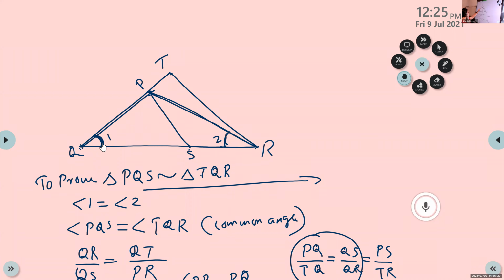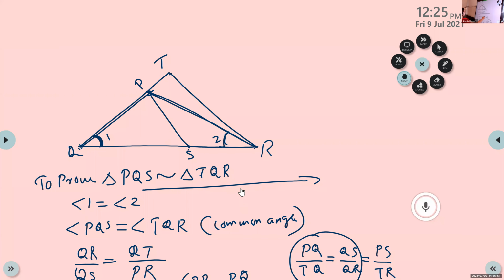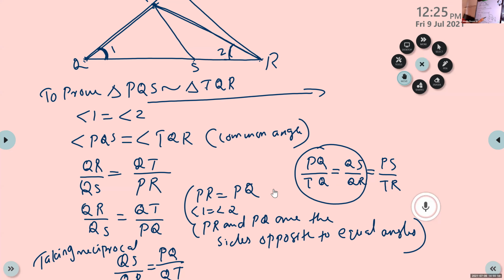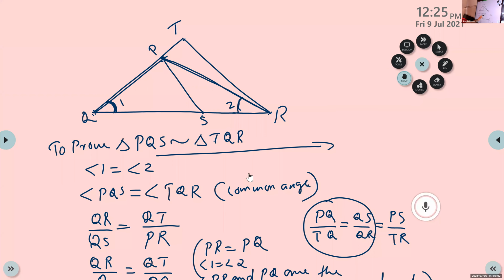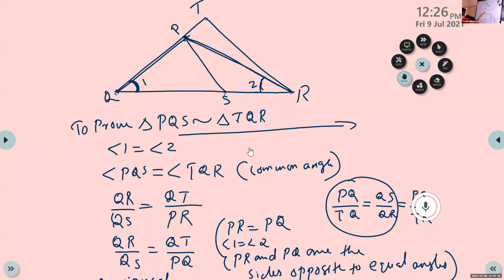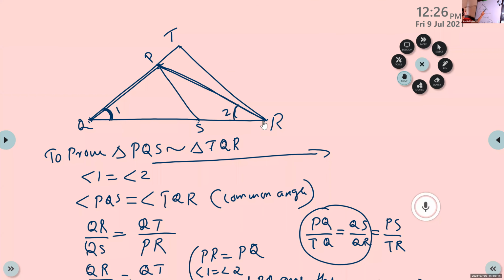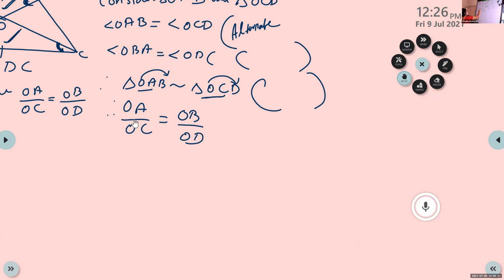For QS and PQ, all of you look in your notes or on the board, in this triangle PQS, angle 1 is the included angle. And for QR and QT, the same angle 1 is the included angle.